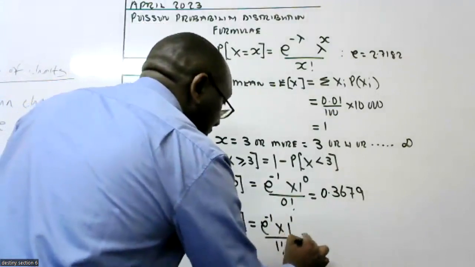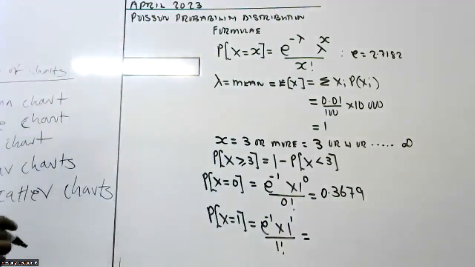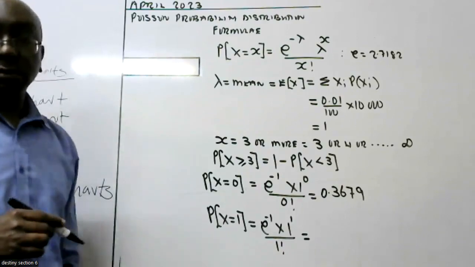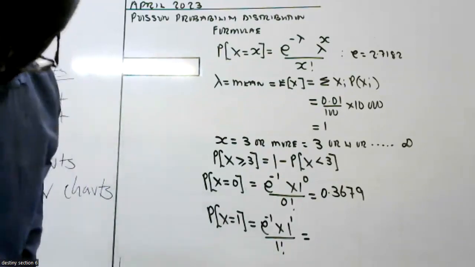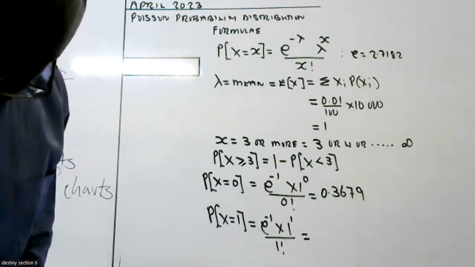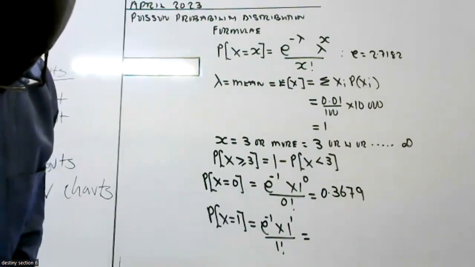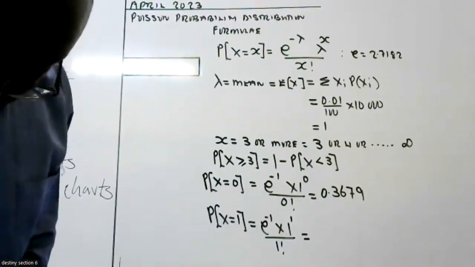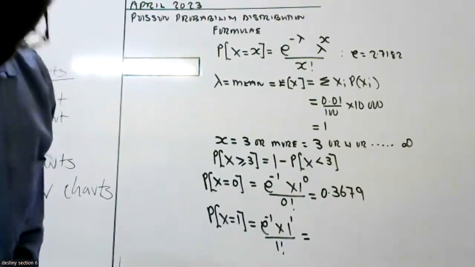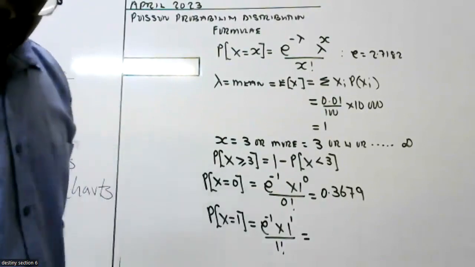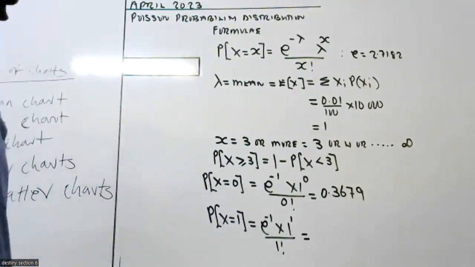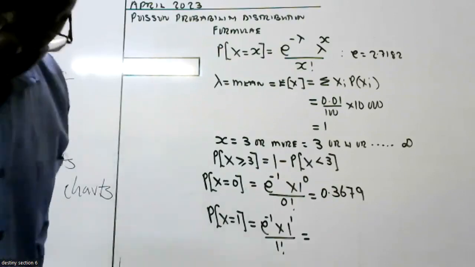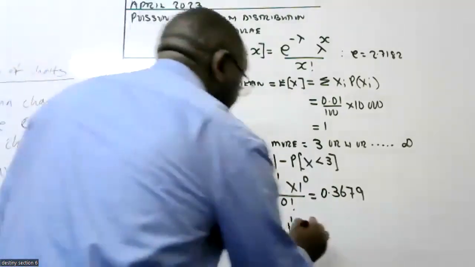We divide by 1 factorial. It is also the same thing, 0.3679.